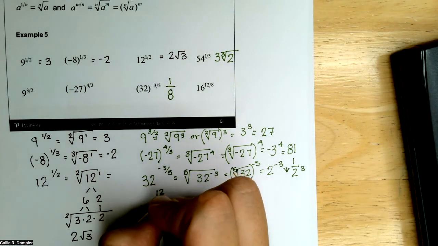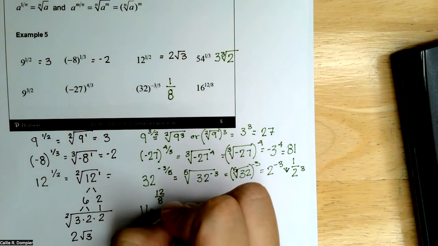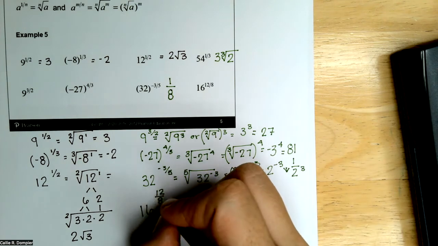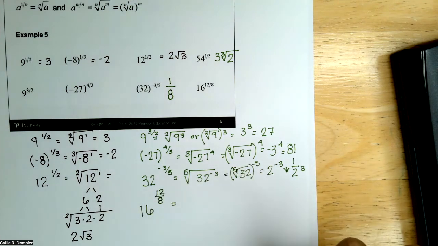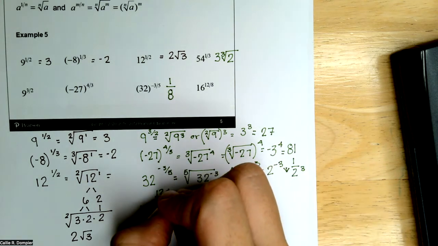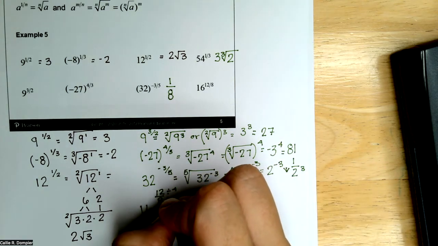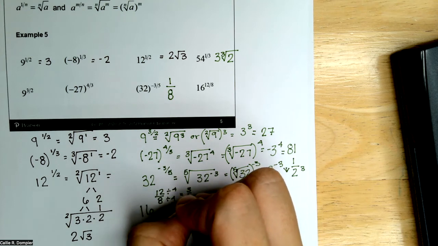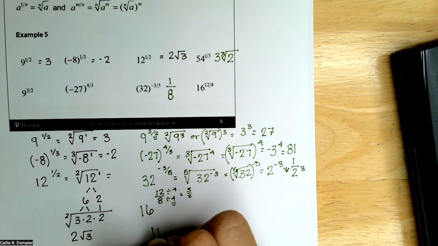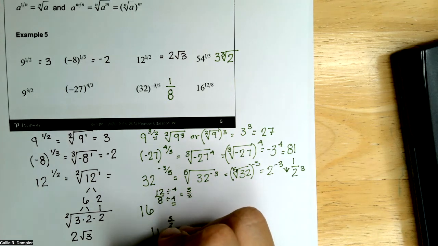16 to the power of 12 over 8 is, let's reduce 12 over 8. 12 and 8, I can divide them both by 4, right? 12 divided by 4, 8 divided by 4. I get 3/2. So 16 to the power of 12 over 8 is the same as 16 to the power of 3/2.